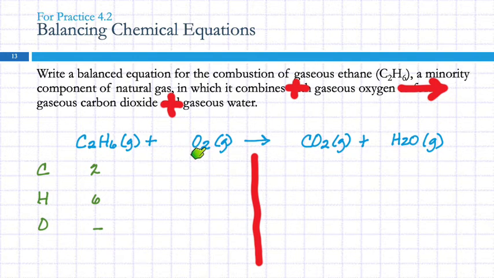And over here in O2, no carbon, no hydrogen, and 2 oxygens. How many carbons in CO2? How many hydrogens? None. How many oxygens? 2, CO2. And H2O, no carbons, 2 hydrogens, 1 oxygen.